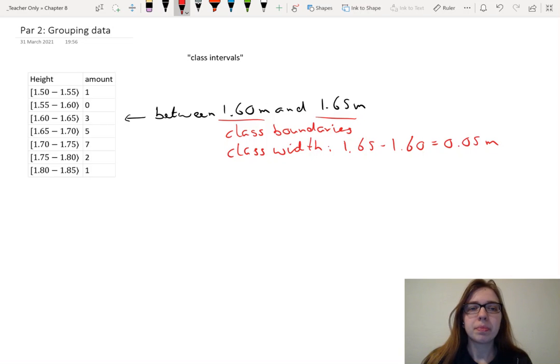One more interesting point is the midpoint of my class. And that is just by taking the average of my, again, class boundaries.